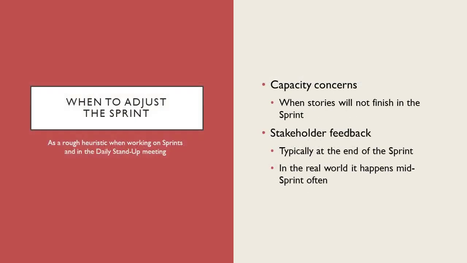So in this instance, maybe the capacity was set to exactly 40 with a 40-hour work week without a buffer. In that instance, we would want to move a story to the backlog or assign further resources that had a little bit of buffer to help this individual or take on that story. Because again, you have that capacity of 40 hours and are not really able to go over that.